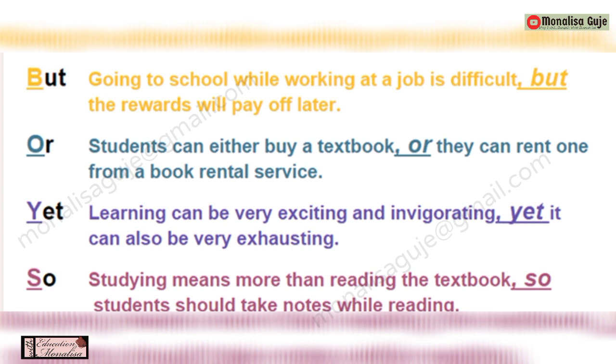Going to school while working at a job is difficult, but the reward will pay off later. Or. Students can either buy a textbook or they can rent one from the book rental service. Yet. Learning can be very exciting and invigorating, yet it can also be very exhausting. So. Studying means more than reading the textbook, so students should take notes while reading.